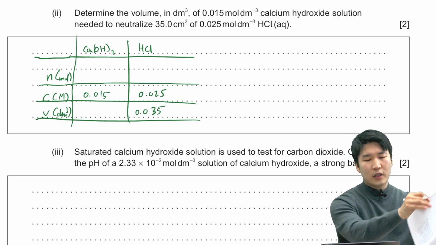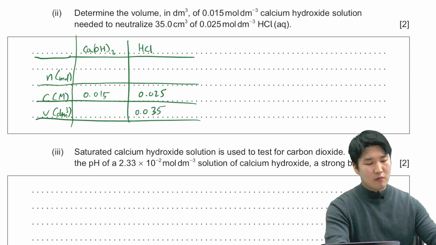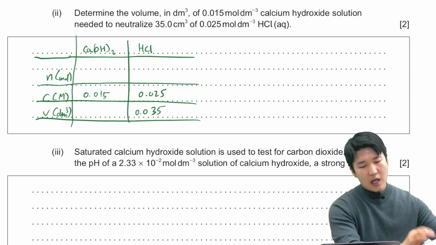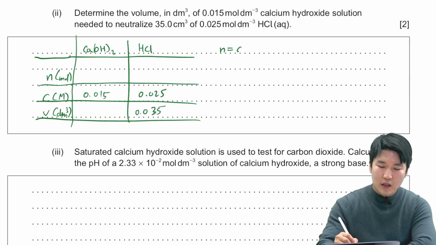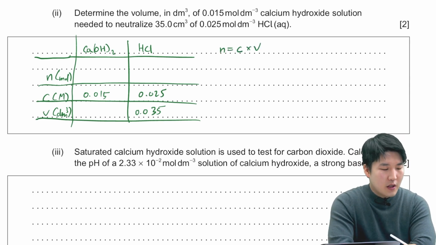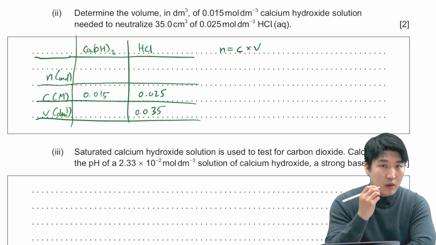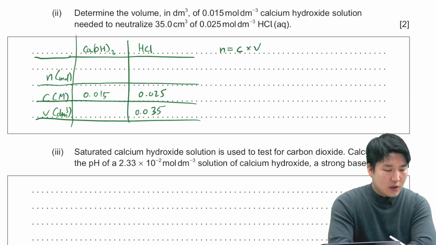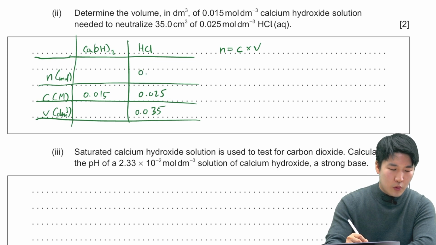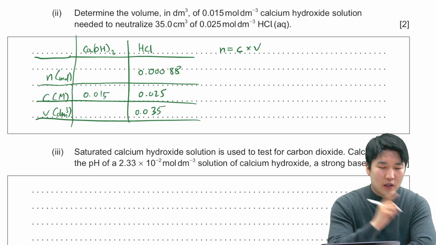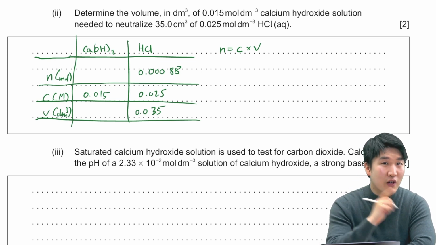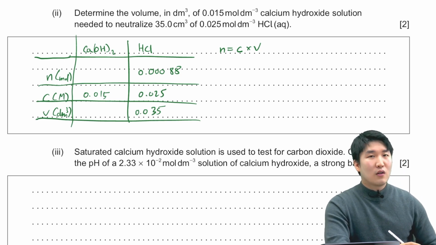From here, we can work out the amount of HCl present. How? N equals CV. N equals CV is the amount calculation equation we use for liquid states. So N equals CV, we will be given 0.00088 mole. From here, we can work out the amount of calcium hydroxide that reacts with 0.00088 mol of HCl.